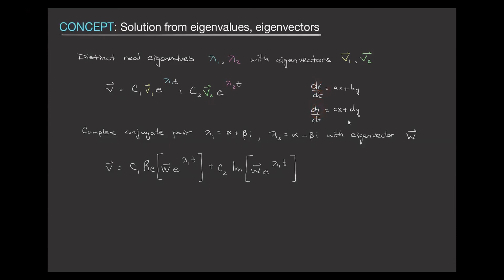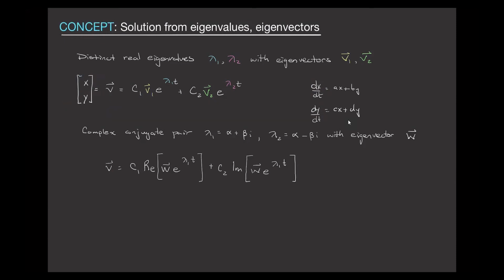And how you can think of v, maybe I'll put it over here, is you can think of v as x over y. So these vectors v1, v2 give you a top row, which corresponds to the x solution, and then a bottom row, which corresponds to a y solution.